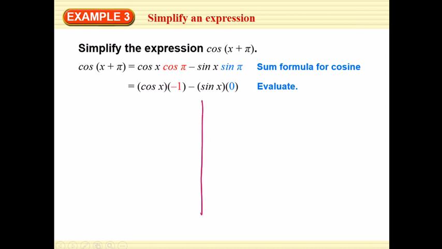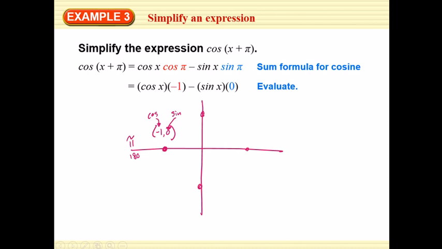Another way that I can do this is if I realize, well, pi is over here at 180 degrees, and that point on my unit circle here is -1, 0. And if you remember, cosine was represented by your x value, and the sine of that pi, or 180 degrees, was represented by the y-coordinate.